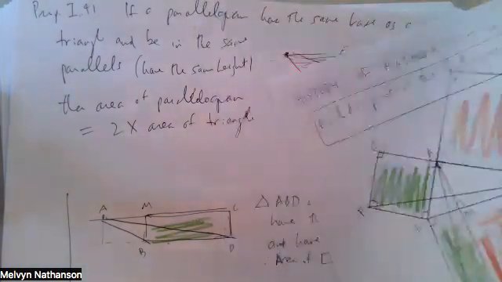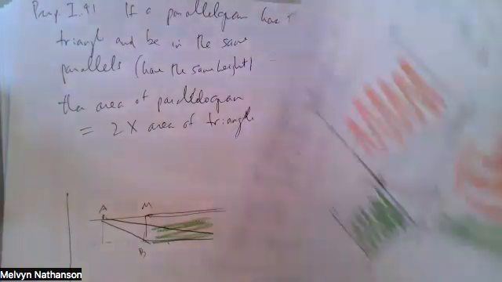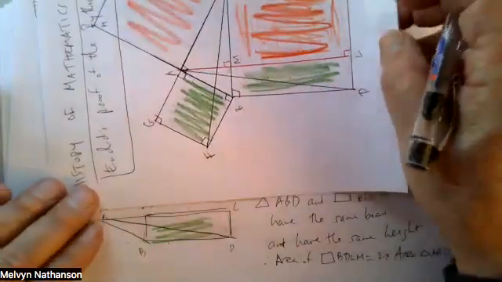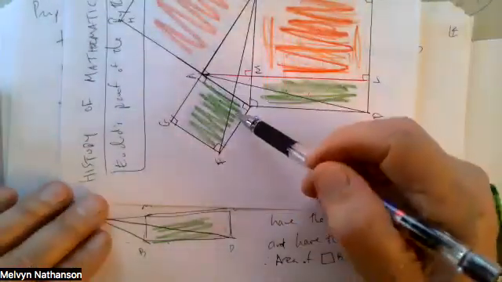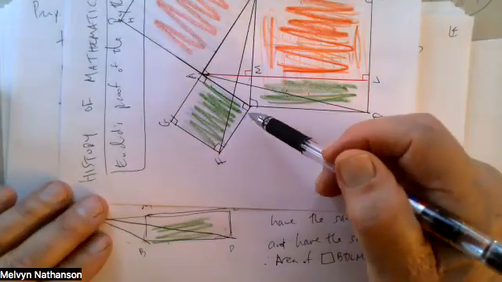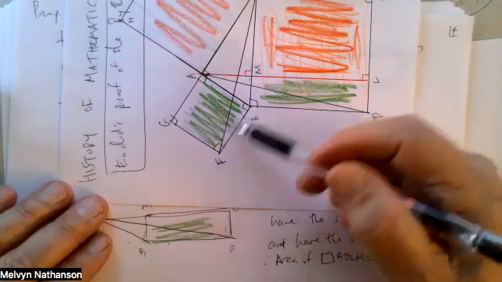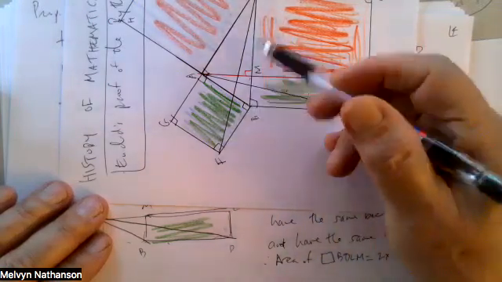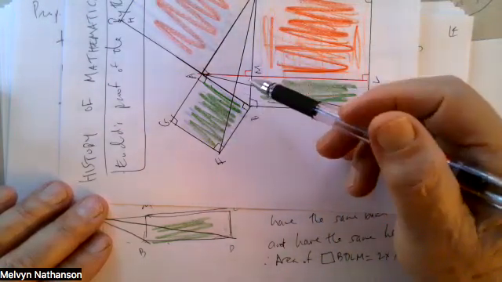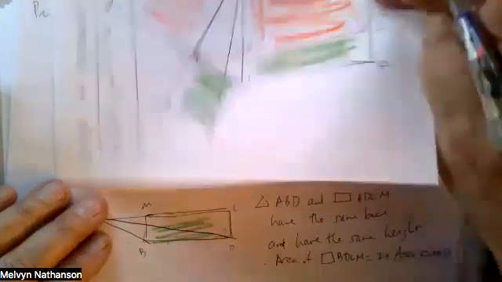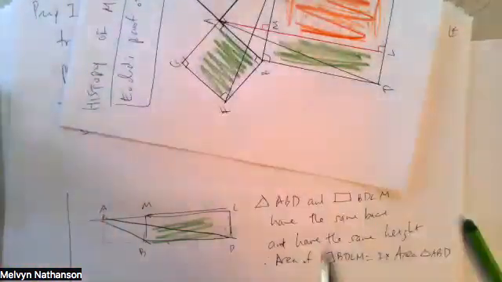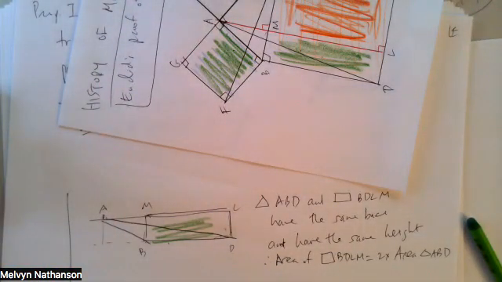Now, let me turn this picture again a little bit. I also have this small square and this triangle.